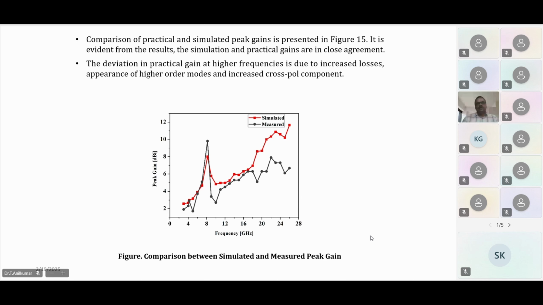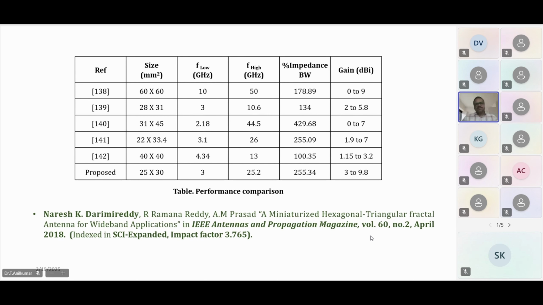Next. This is also compared with the existing results, and this work is published in the IEEE Antennas and Propagation Magazine. This is also patented. This particular fractal structure is patented. Next.